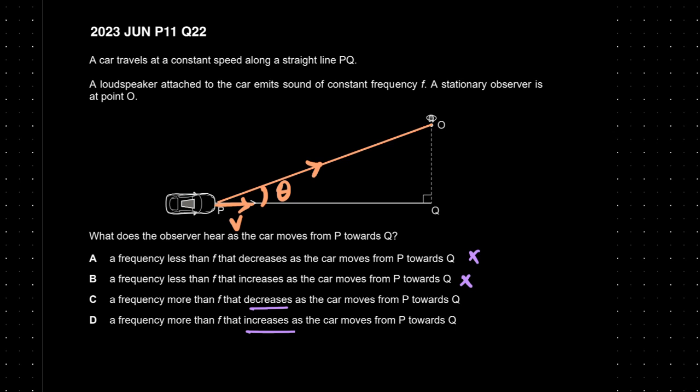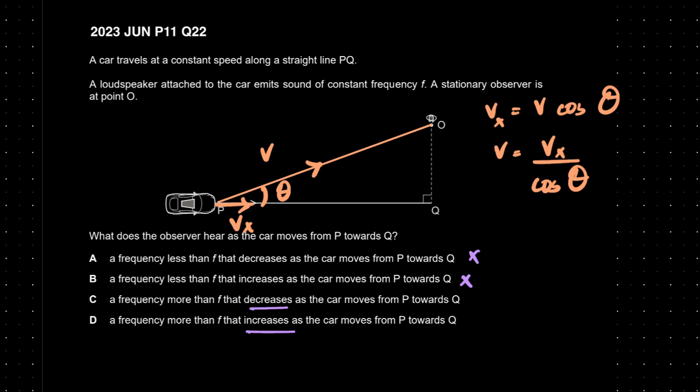Let's call this Vx, and let's call this V. So I would write Vx equals V cos theta, right? And V would obviously be Vx over cos theta.